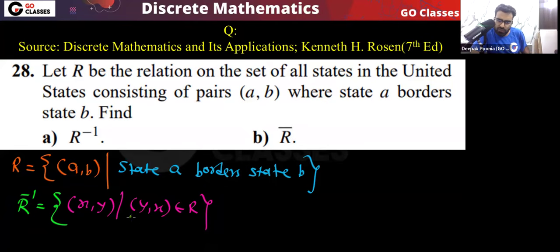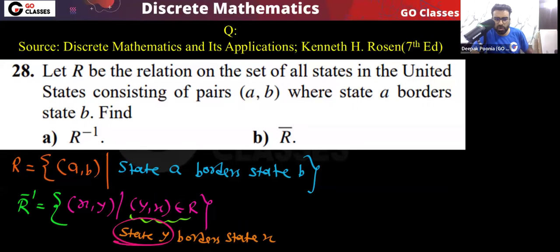Tell me what is the meaning of yx belongs to R? That means state y borders state x. Yes or no? Now, a simple thing I'm asking: if state y borders state x, can I say state x borders state y?